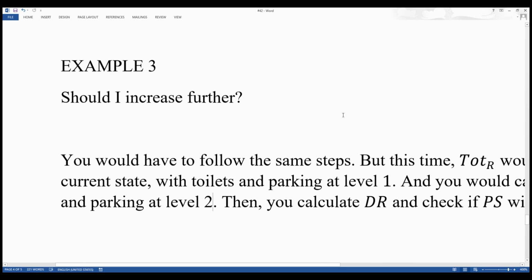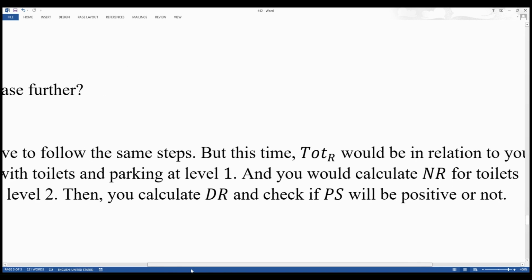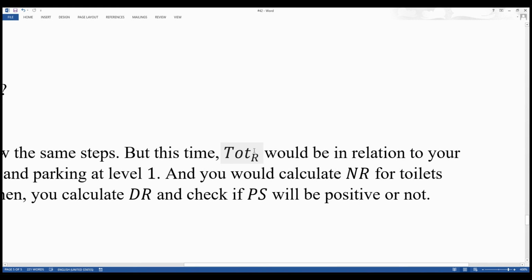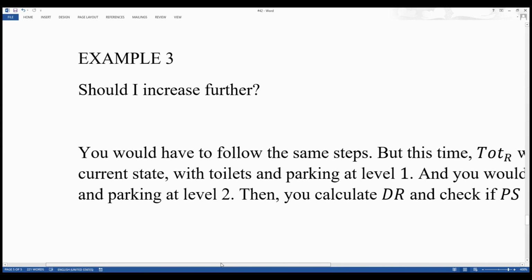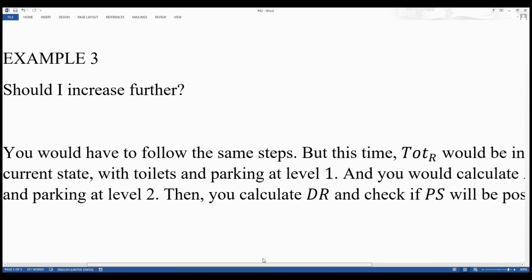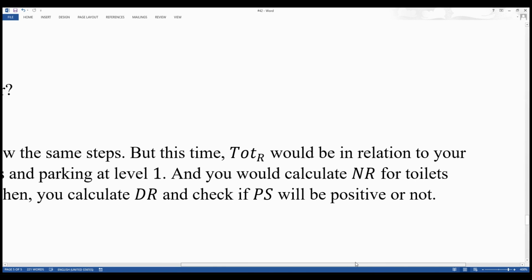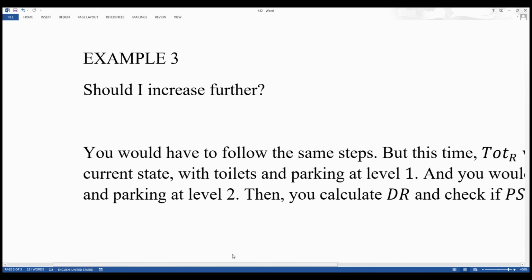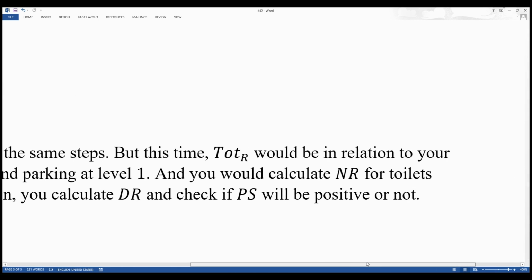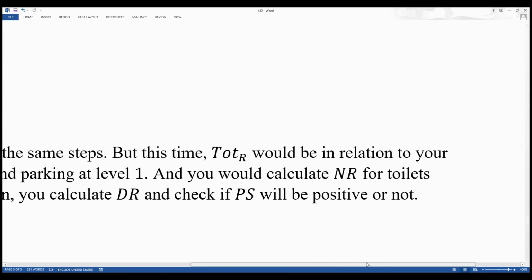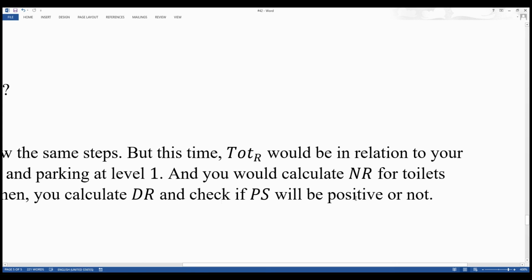You would have to follow the same steps, but this time there will be a difference that your total revenue per match would be in relation to your current facilities, which means that you have toilets and parking level 1, okay? And you would calculate the new revenue for toilet and parking level 2. Then you calculate the difference and check if the profit per season will be positive or not, okay? So the current state you considered parking and toilets level 1, and for the next state, the upgrade that you are considering making in level 2.